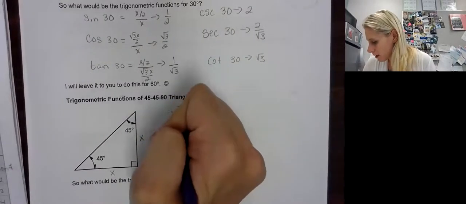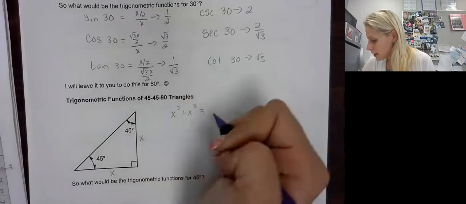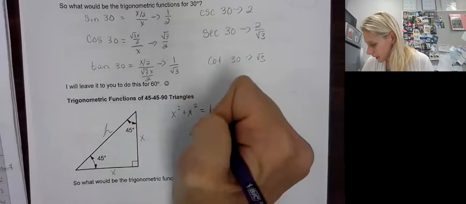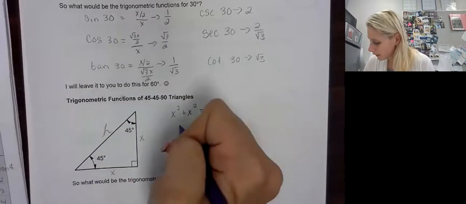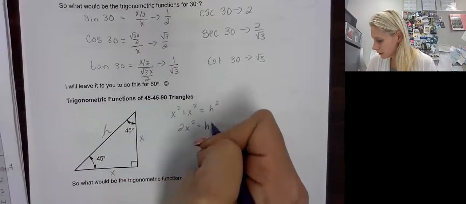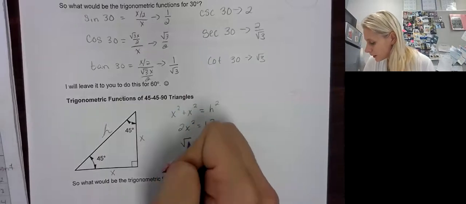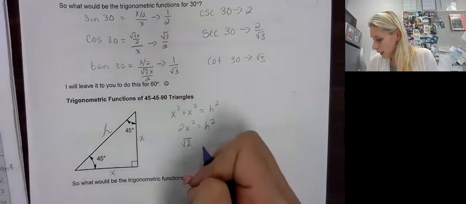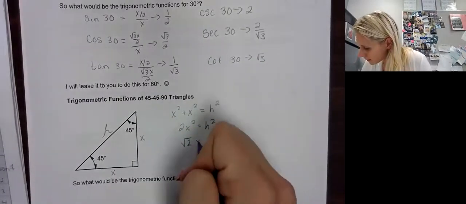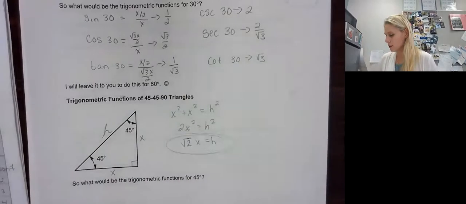So x squared plus x squared equals, let's label this h squared. So right here I get 2x squared equals h squared. Take the square root of both sides. The square root of 2 is the square root of 2. The square root of x squared is x. And there we go. We have our h, our hypotenuse.